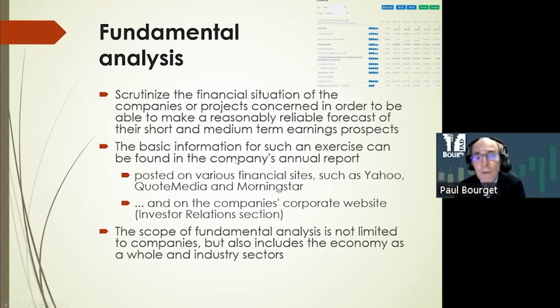The basic information for this exercise is found in the annual report, in the financial report of firms. This can be found on the company corporate website, normally in a section labeled Investor Relations.